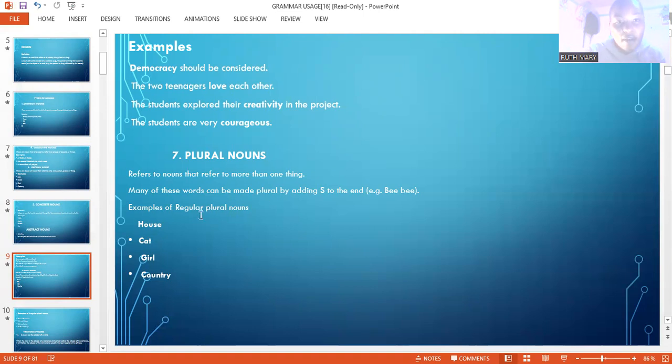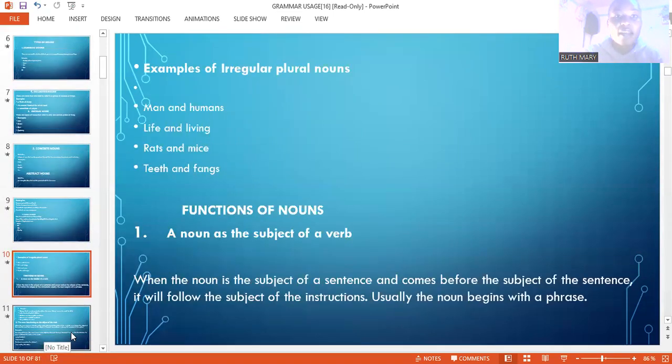We have regular plural nouns, and these are houses, cats, girls, and countries. Then we have the irregular plural nouns, which are man and men, life and lives, rat and mice, tooth and teeth. That's the end of types of noun.